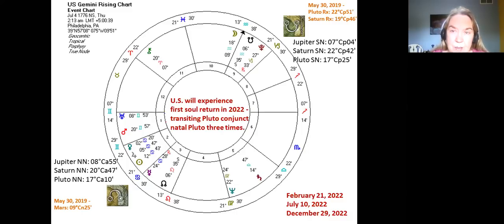So here are the south nodes of Jupiter, Saturn, and Pluto in the U.S. chart, and the north nodes in the U.S. chart. There are the dates of the three Pluto conjunctions in 2022.